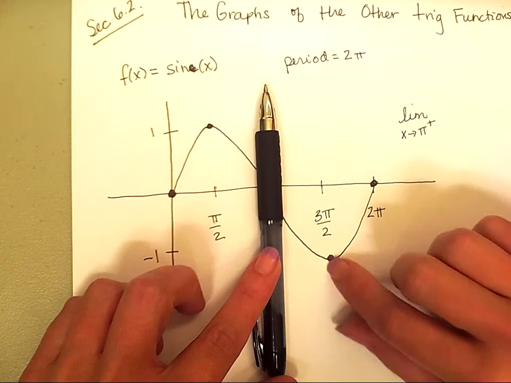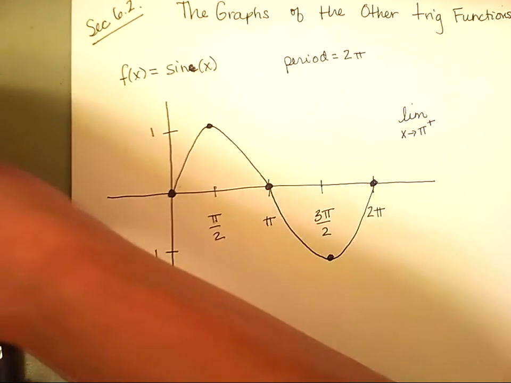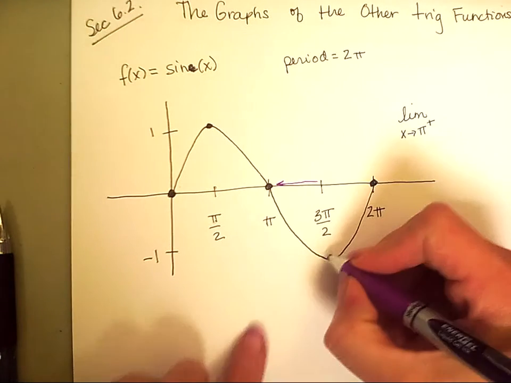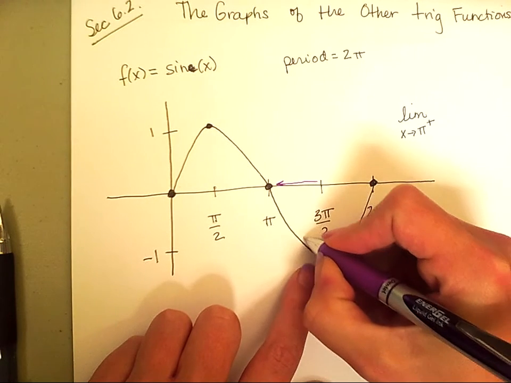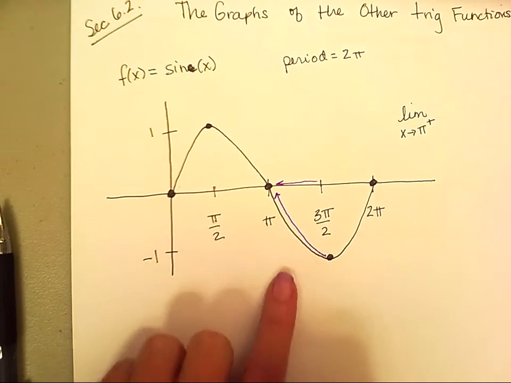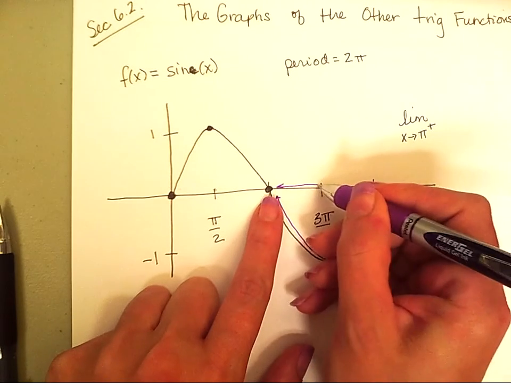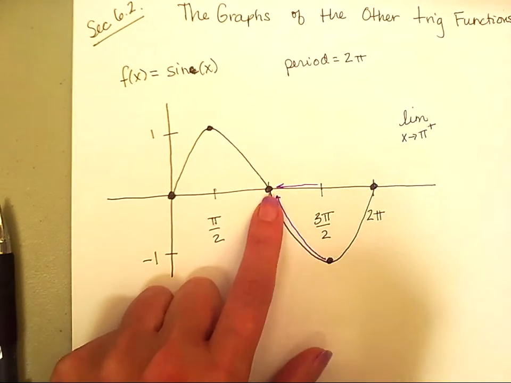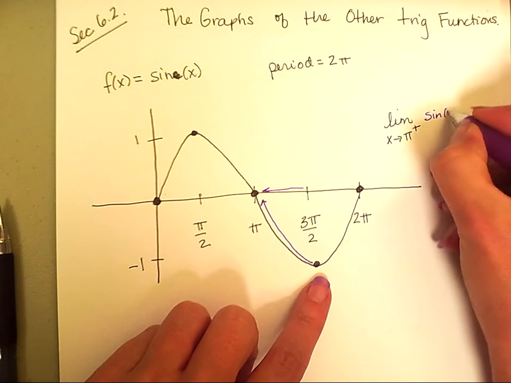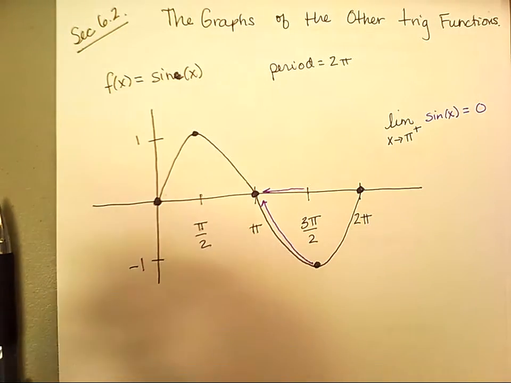As we go from 3 pi over 2 to just pi, as we're approaching in this direction, the function values are decreasing until they reach 0. Okay? So the function values are decreasing until they reach 0 as we approach from the right-hand side. So the limit of our sine function as it approaches pi from the right is 0.